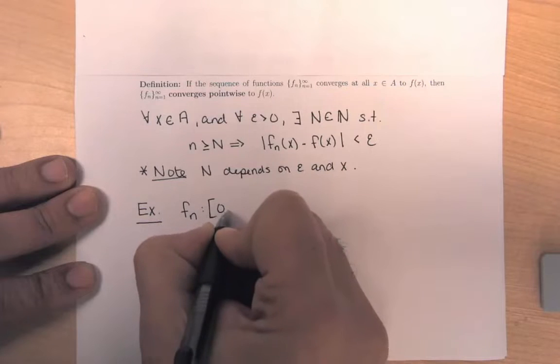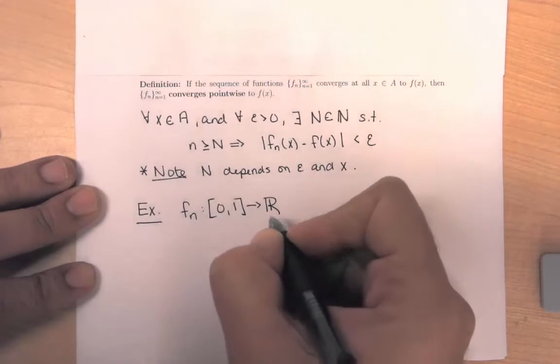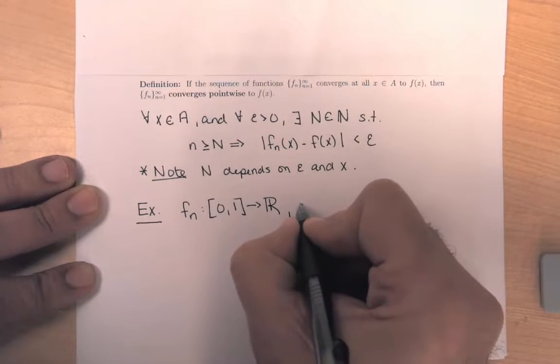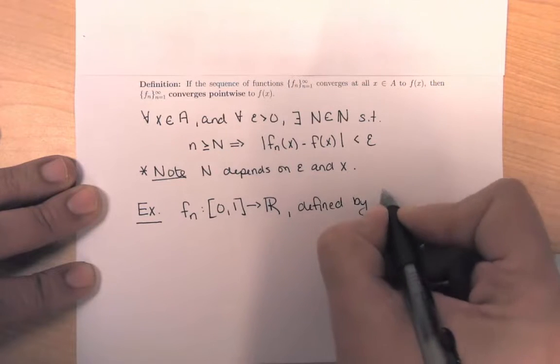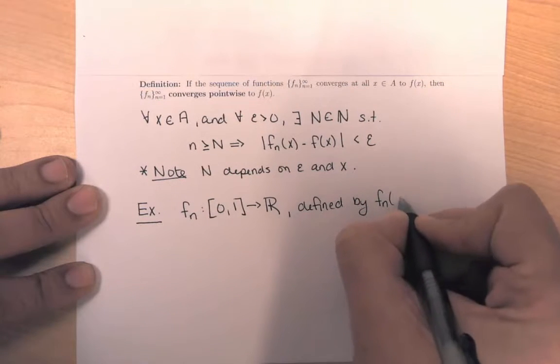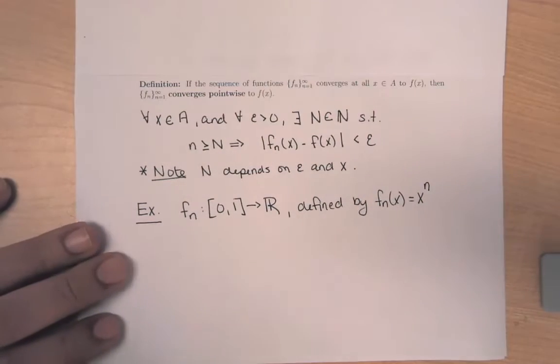Let's consider the sequence of functions defined on the closed interval 0 to 1, defined by fn of x equals x to the n.